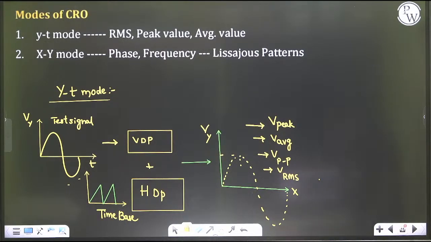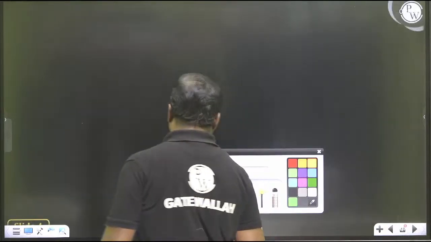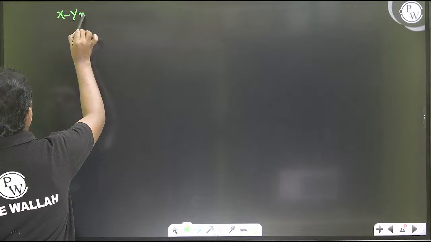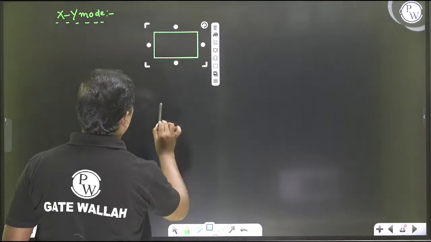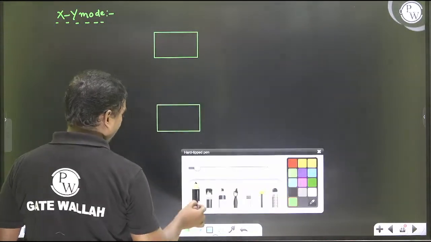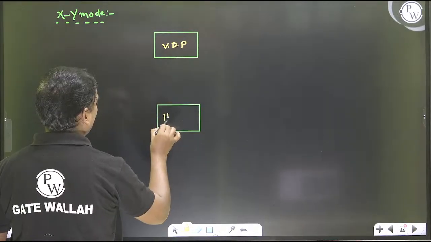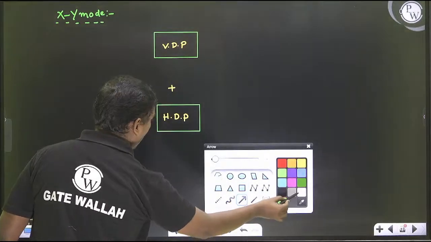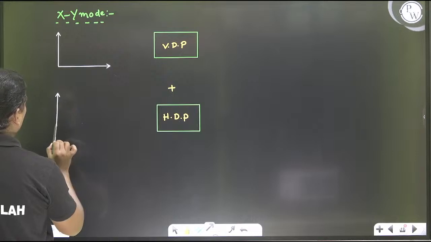Have you taken it? Let us go for the XY mode. In XY mode, for both the plates, we are going to apply different signals. Suppose this is the vertical deflection plate, VDP, and this is the horizontal deflection plate, HDP.